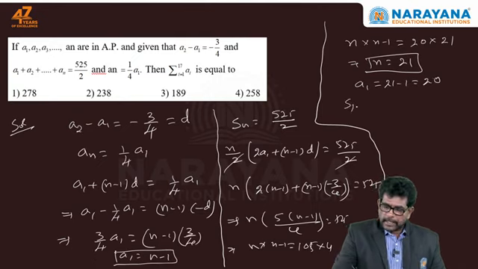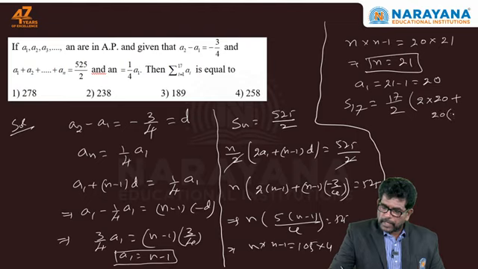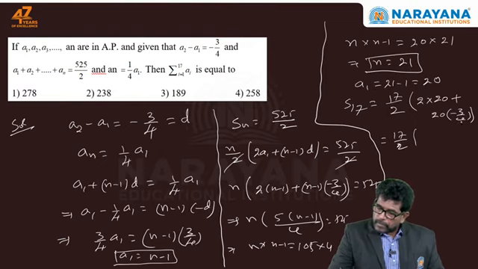Now, S17 they are asking. S17 is equal to 17 upon 2 into 2 into A plus n minus 1 into D, with A equal to 20 and D equal to minus 3 by 4. Now we try to simplify this. 17 by 2 into 40 minus 15.